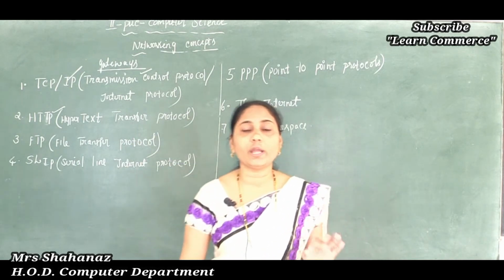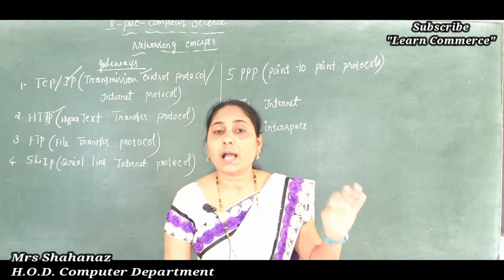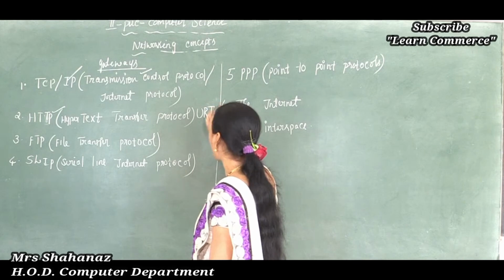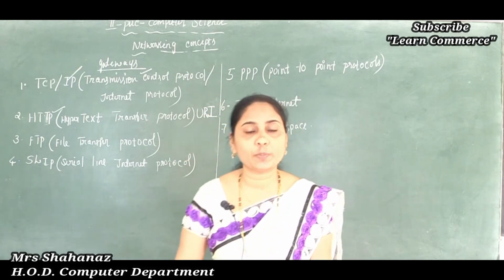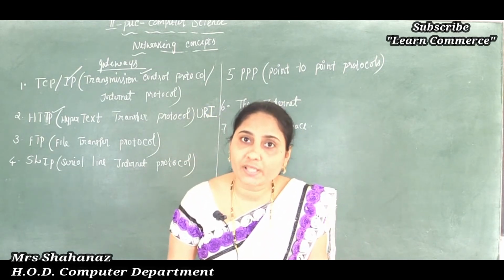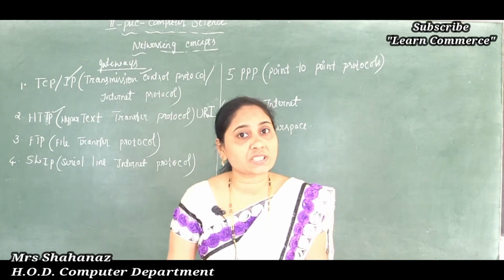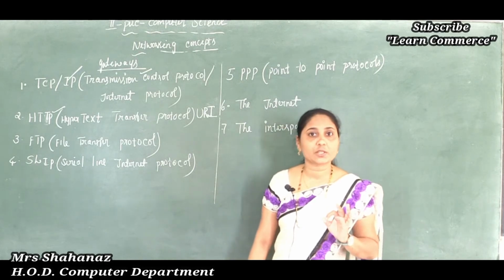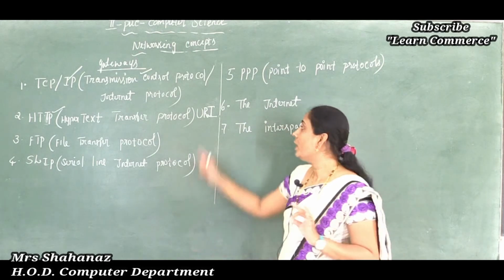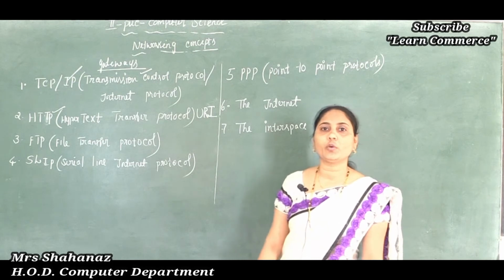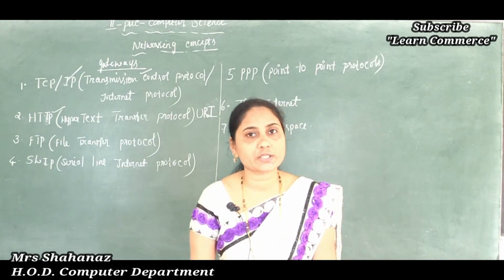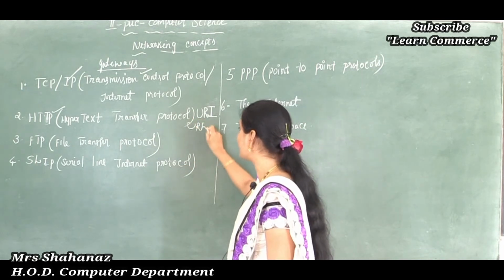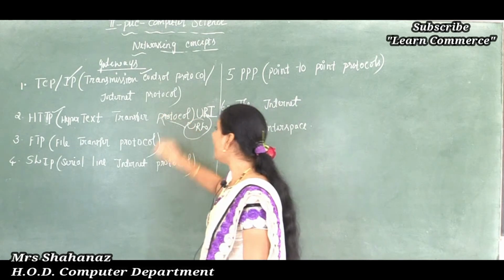It is built on a discipline of references, and such discipline of references is provided by our URI. All those standard rules, the discipline of the references, are provided by our URI. The full form of URI is Uniform Resource Identifier, a location of the URL. Clear this point here? So this is about our HTTP.